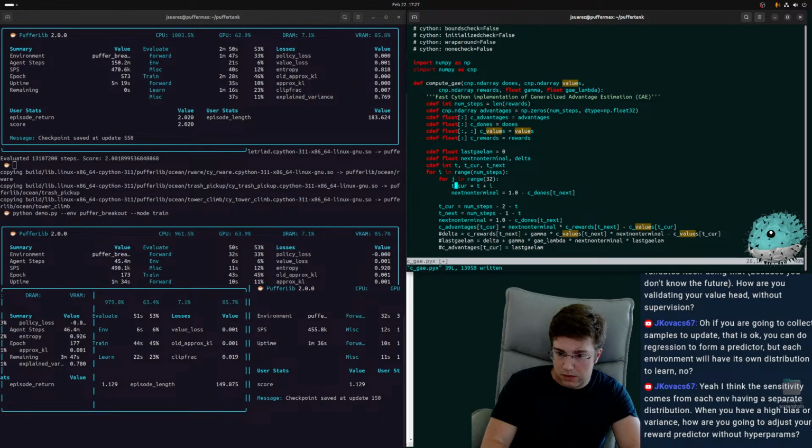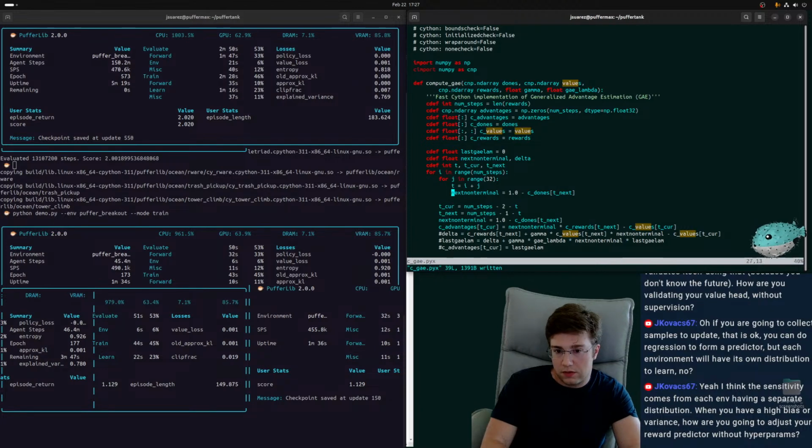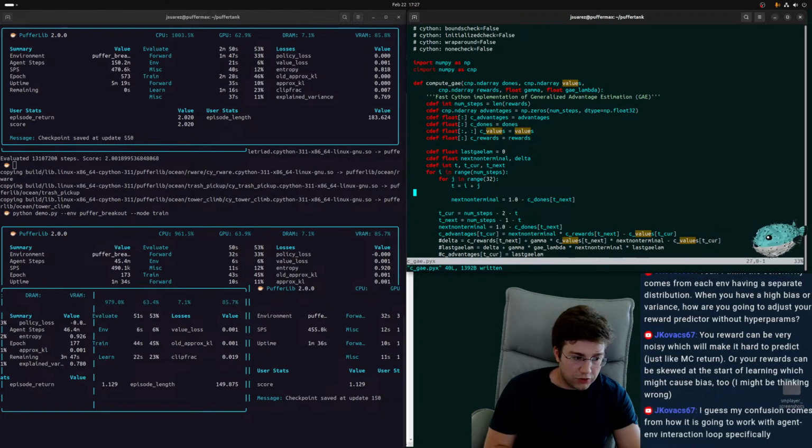Okay. Reward can be very noisy. Well, it's already hard to predict in GAE, right? These are problems with GAE as well. Be skewed.